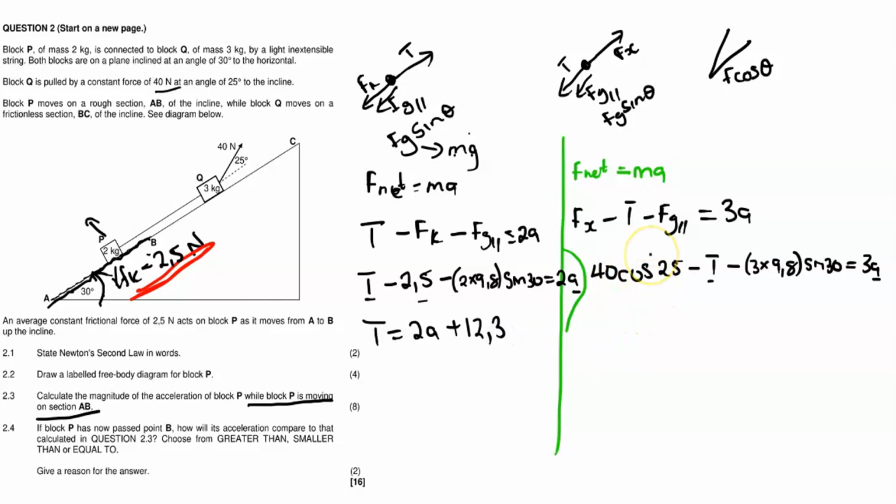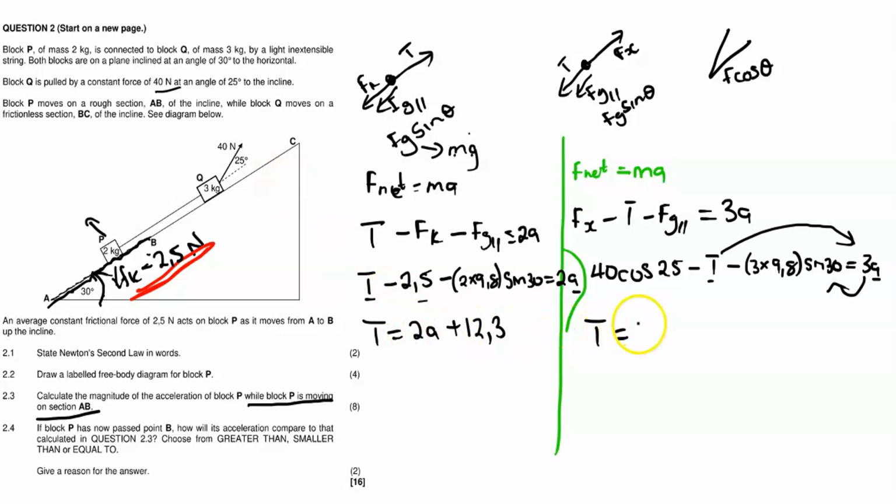Then we come to this one, it's 40 cos 25 minus T minus that, so we can take the T to that side and take the 3a to the other side, so the T becomes positive, and then we've got 40 cos 25, which is the same as 36.25.